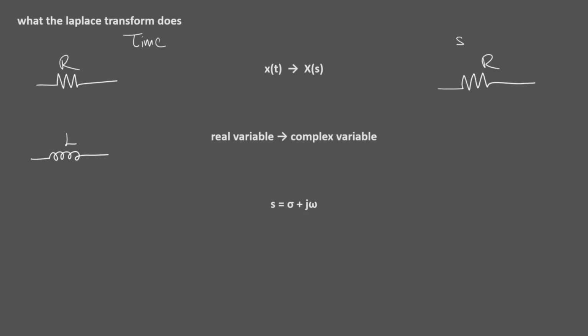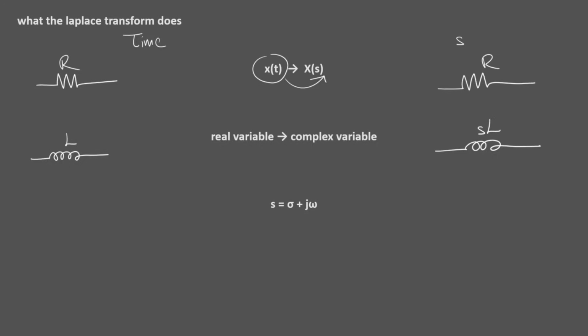An inductor will have a value of L in the time domain, right? Inductance L. The voltage across the inductor is going to be L di dt. But if you transform it, you're dealing with functions of time, moving to functions of S. If you transform it to S, you're going to end up with SL.